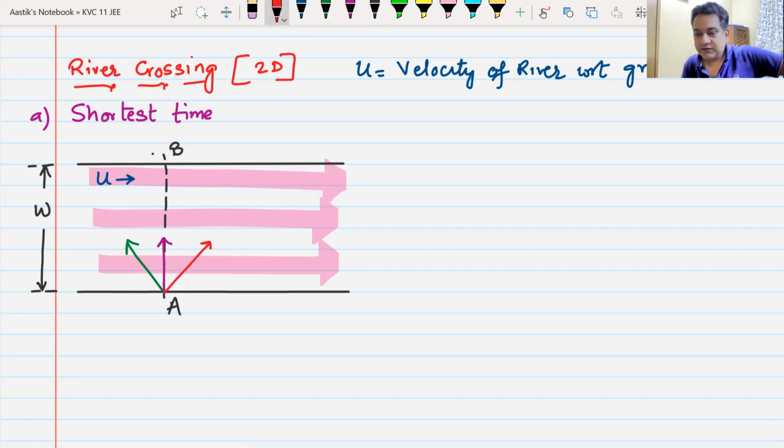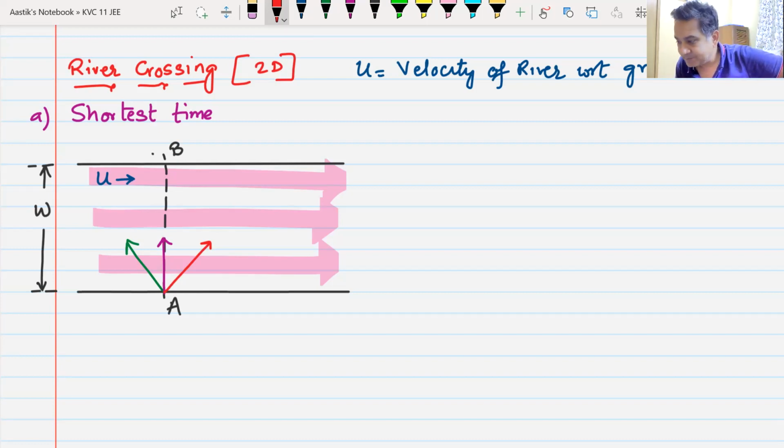Now remember, the case that we are dealing with, we are calling that case as the case of shortest time. Now, this does not require physics, it does require common sense. Can you tell me, of all these three directions, which direction do you think he should swim to get to the other side of the river, to cross the river in the shortest possible time?